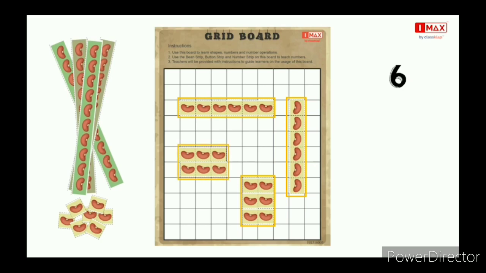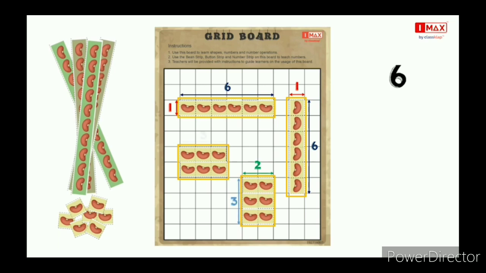In the first one, we see that there is 1 row and 6 columns. So we have 1 and 6. In the second representation, we have 1 column and 6 rows. So again 1 and 6. In the third representation, we have 2 columns and 3 rows.